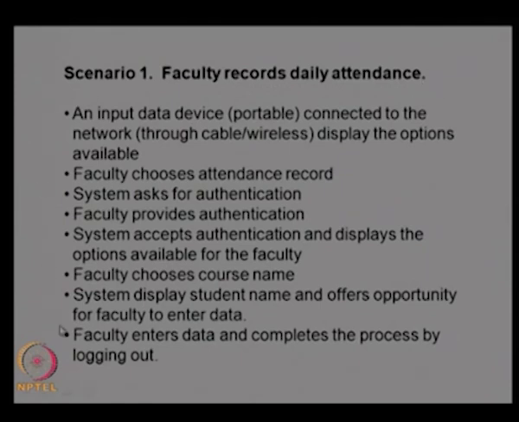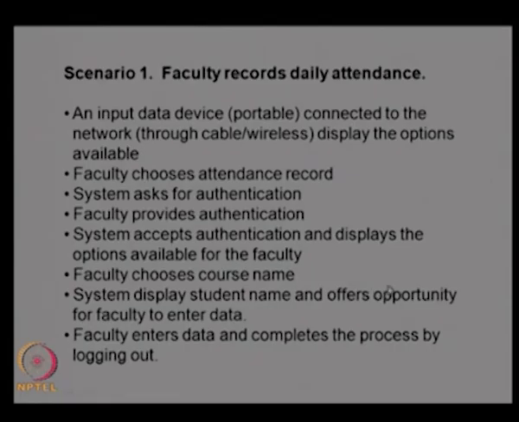While going through this scenario, we can identify many requirements needed for the system. The objective of explaining the scenario is to look at it and identify various requirements. If we say that faculty chooses the course name, that means options should be provided to the faculty, or the database should have all the courses where the faculty is registered, and then all the data corresponding to that course in terms of student name and roll number should be available.